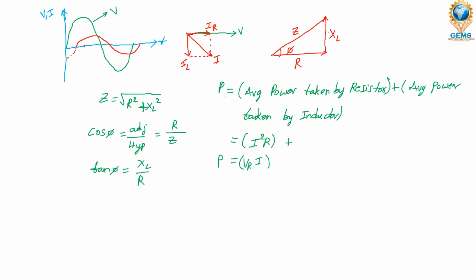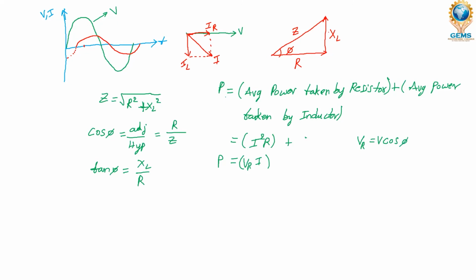in case of inductor, the power value is 0. So here the power will be 0, but we have VR, that is VR equals V cos phi.